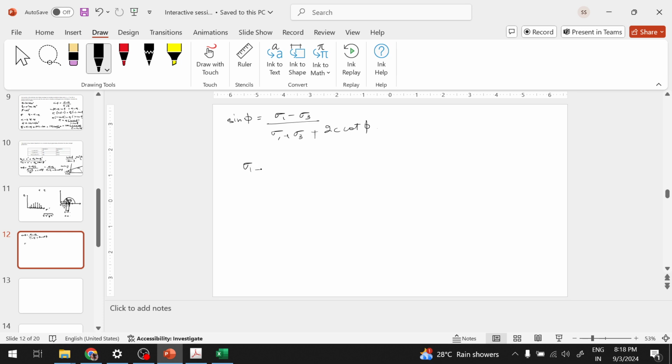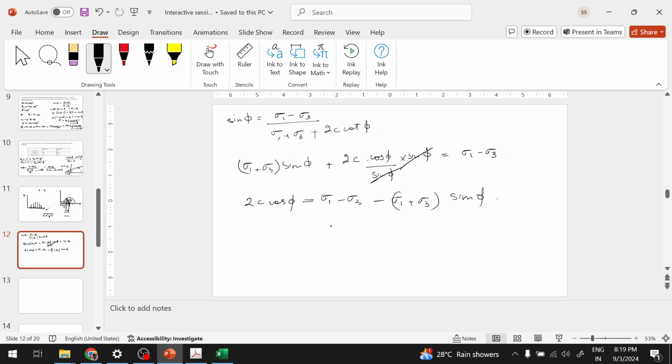That implies (sigma 1 plus sigma 3) times sine phi plus 2c cos phi over sine phi into sine phi equals sigma 1 minus sigma 3. This and this goes. So we have 2c cos phi equivalent to sigma 1 minus sigma 3 minus (sigma 1 plus sigma 3) times sine phi.